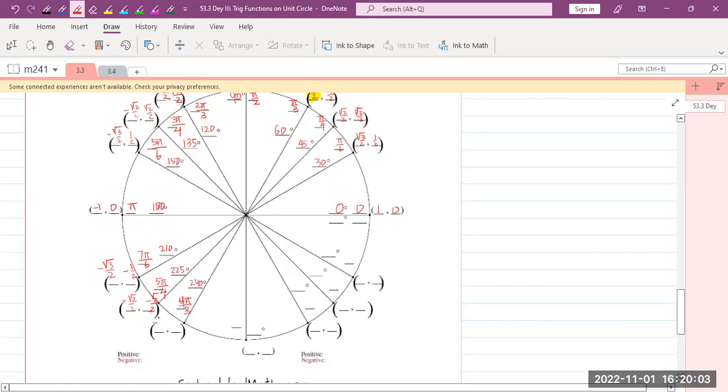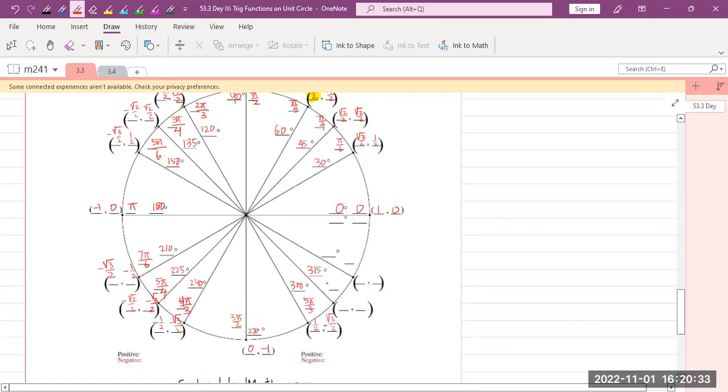The coordinate is negative 1/2, negative radical 3 over 2. 270 degrees: the radian is 3 pi over 2. The coordinate is 0, negative 1. Then 300 degrees, 5 pi over 3. The coordinate is 1/2, comma, negative radical 3 over 2.